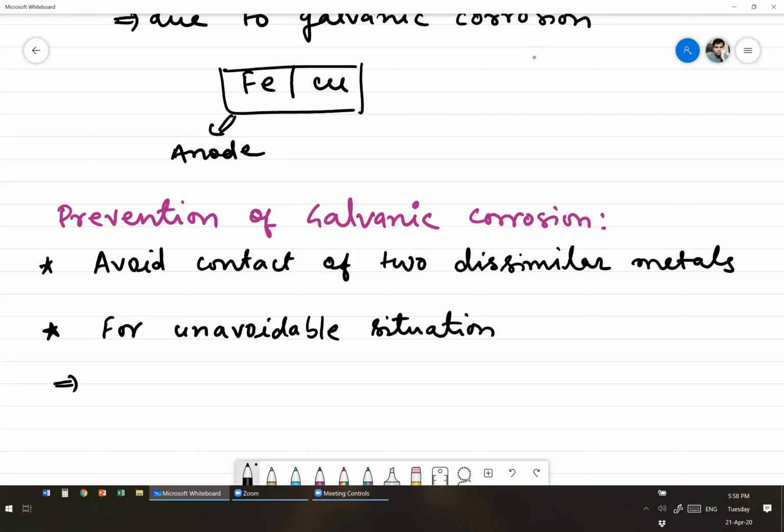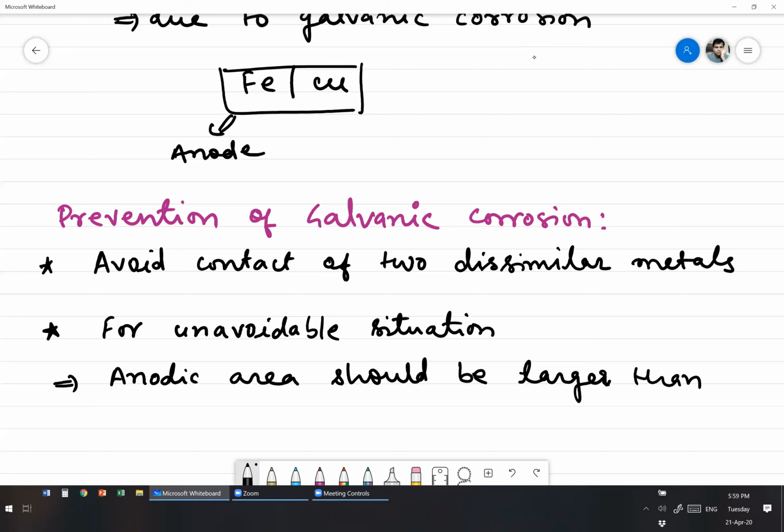So what does it mean? What I want to say is that the anodic area should be larger than the cathodic area.